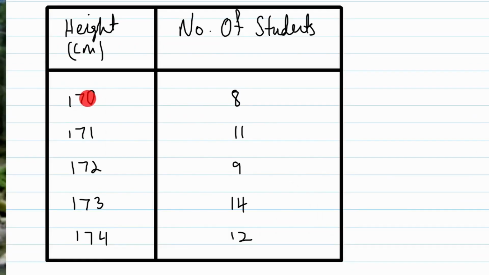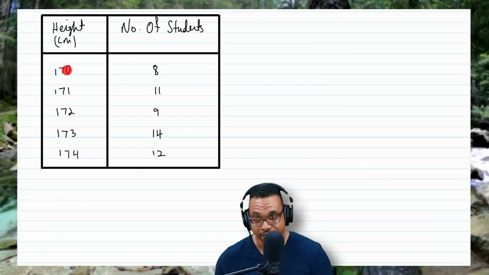For 170, the lower class boundary will be 0.5 less, which will be 169.5. So the lower class boundary for the 170 is 169.5, and the upper class boundary for the 174 will be 174.5, 0.5 more. And therefore the range now would be the highest upper class boundary take away the lowest lower class boundary.